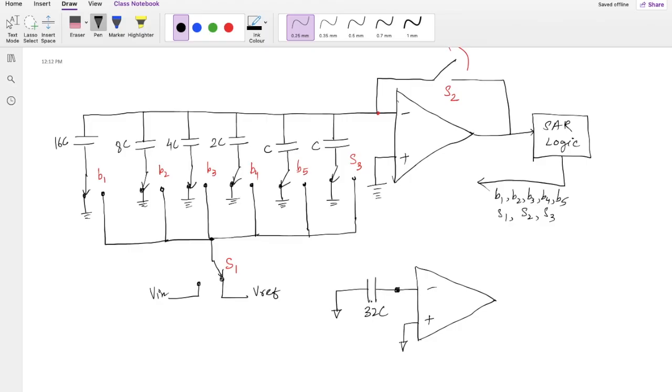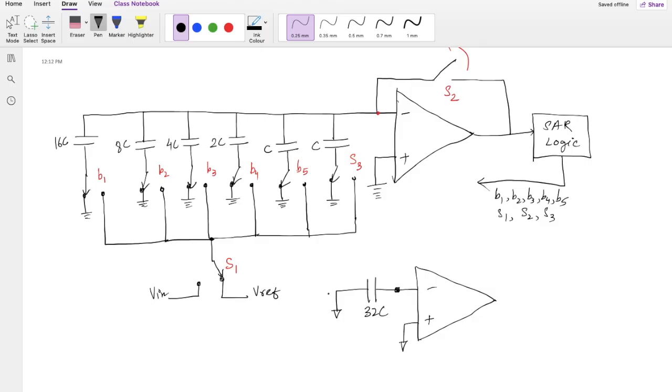Initially this capacitor has already charged. The Q on the negative side of the plate is equivalent to C times Vin.